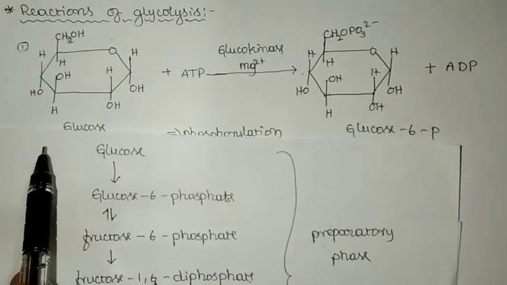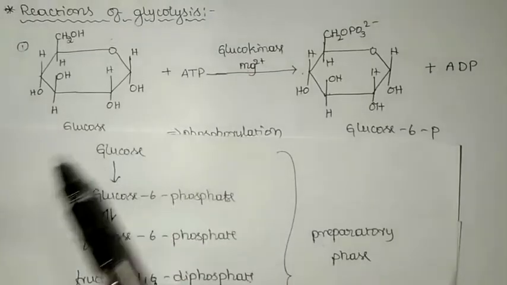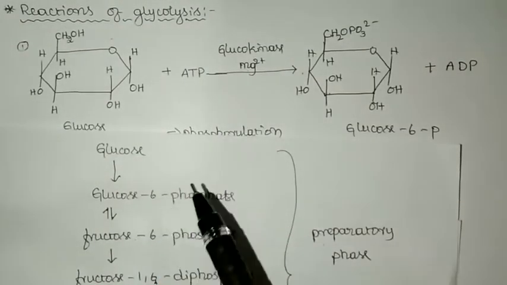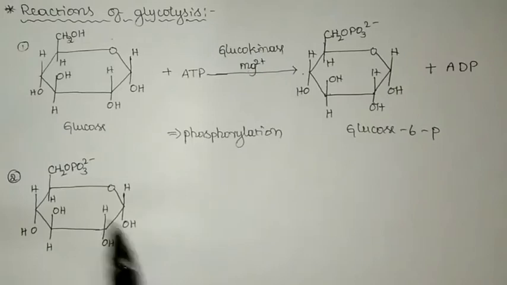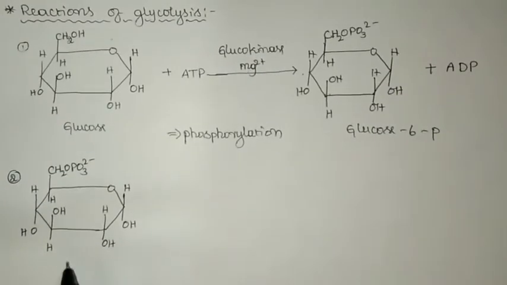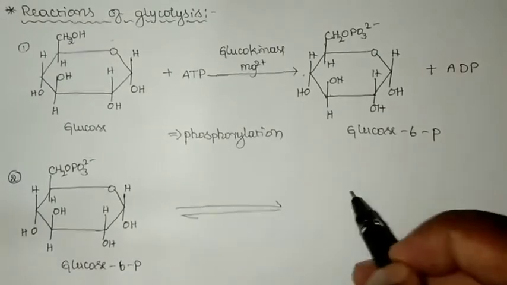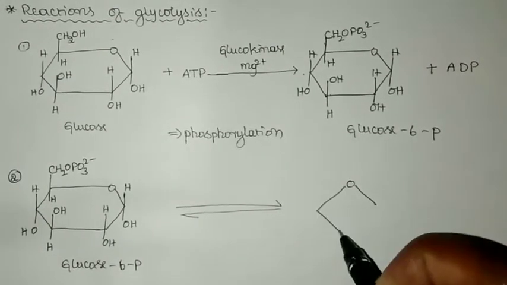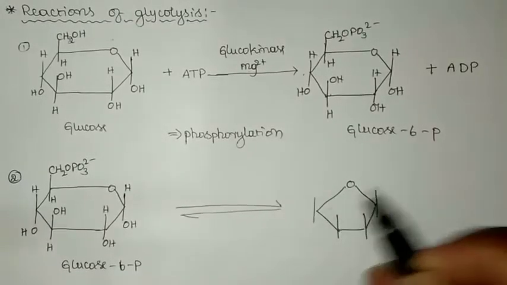And now we shall write the reaction for this conversion, and we shall see what is the actual enzyme that will be utilized in making the conversion of glucose 6-phosphate into fructose 6-phosphate. So in the second reaction, the glucose 6-phosphate which is produced in the first reaction will be reversibly changed into fructose 6-phosphate, and here for fructose 6-phosphate also we shall write the Haworth form.